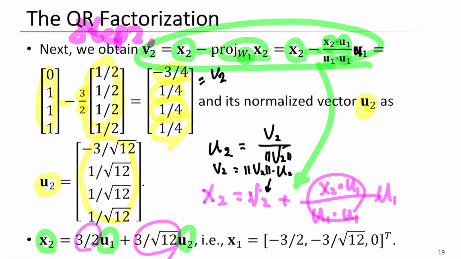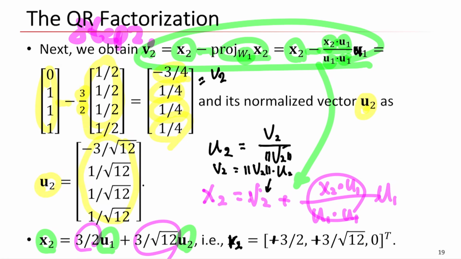So we can represent x2 in terms of u1 and u2. Here this is r2, and r2 is equal to 3 over 2, and 3 over square root of 12, right? So that was x2.